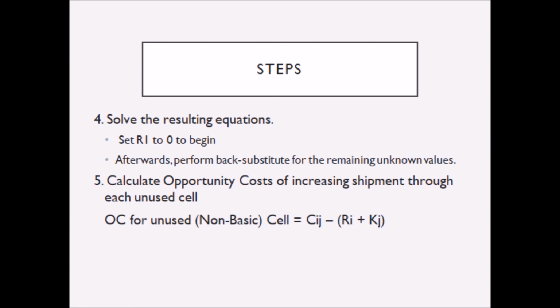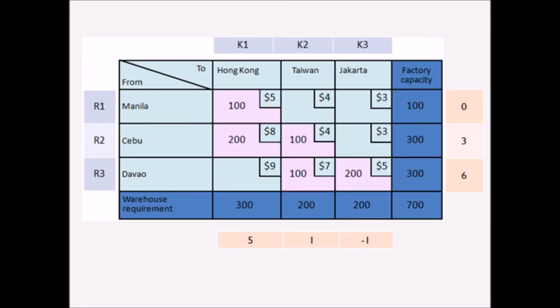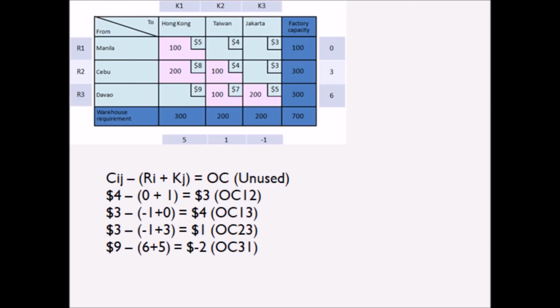So applying them to each unused cell, we start with Manila to Taiwan, which has r sub 1 and k sub 2, which gives you a cost of 4 minus the r sub 1, which was computed a while ago to be 0, and k sub 2, which is equal to 1. That gives you a difference of 3, which is the opportunity cost for that box.